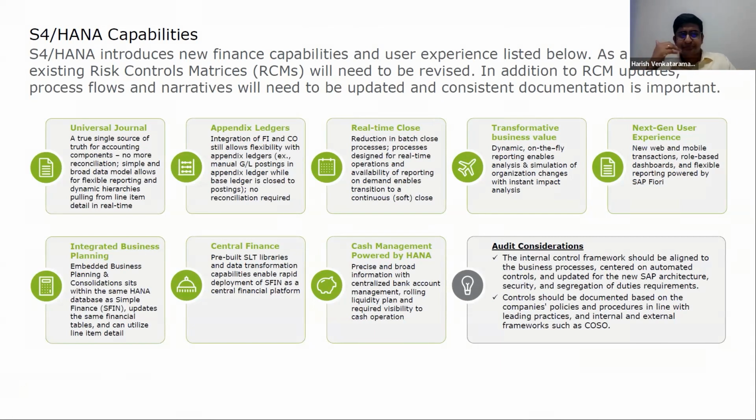All of this warrants organizations to continually modify or enhance their risk and control matrices, because the risks or controls that you might have foreseen in an ECC environment could vary to a significant extent, or some things could even be nullified. There are some new, bigger features that are also enforced in SAP S4. The first such concept is the universal journal.